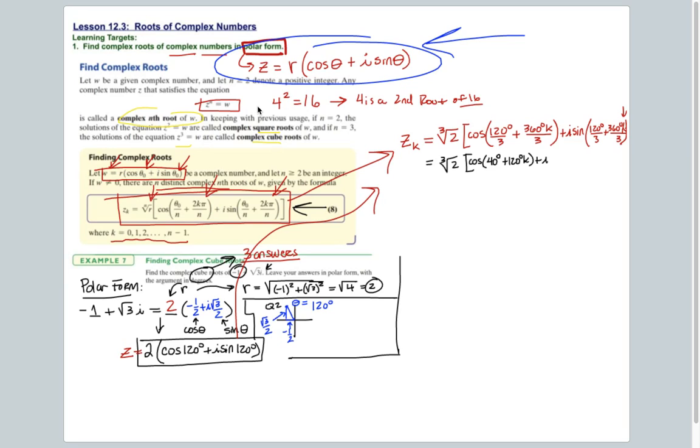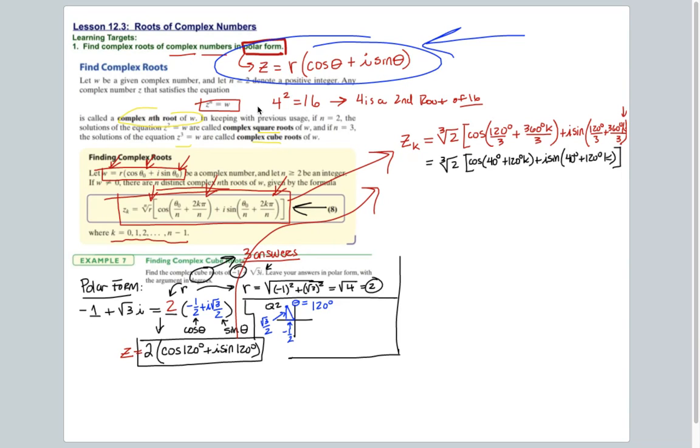Then plus i times the sine of 40 degrees plus 120k degrees, like that. So that gives me my template to find the cube roots of that number.